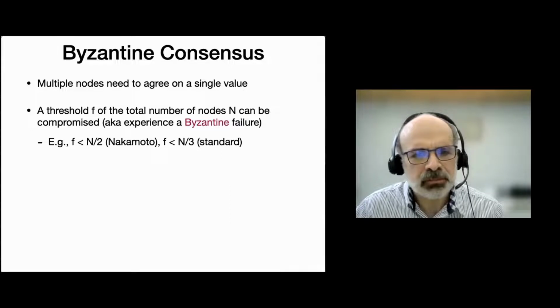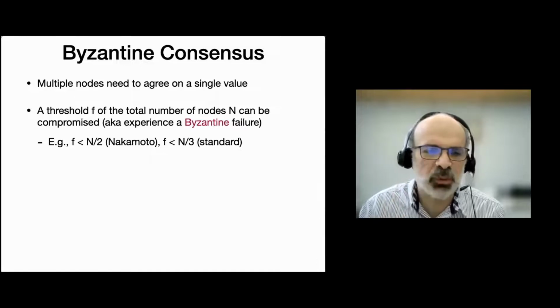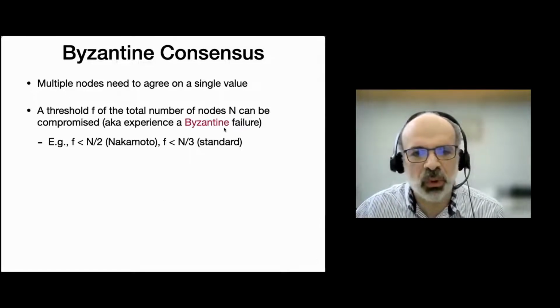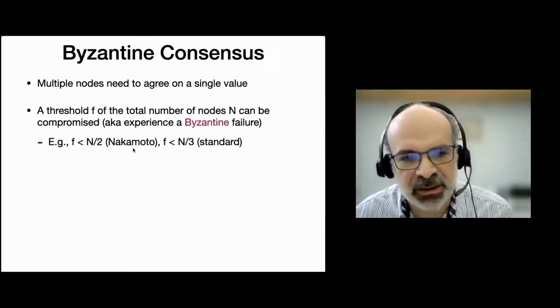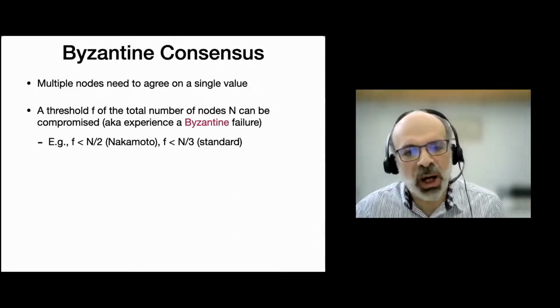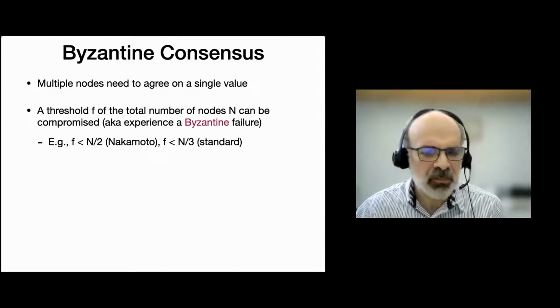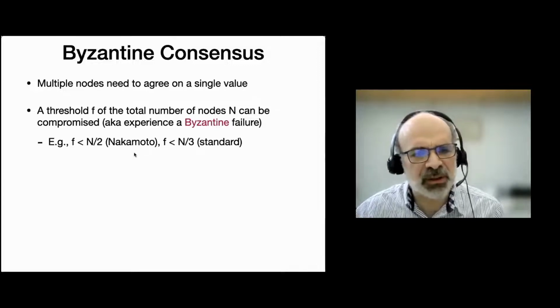It is called Byzantine Consensus because we typically assume a threshold, say f, of the total number of nodes n that can be compromised, can be dishonest in any way, and they can try to actively subvert the network and fork the blockchain and do other kinds of nasty things.